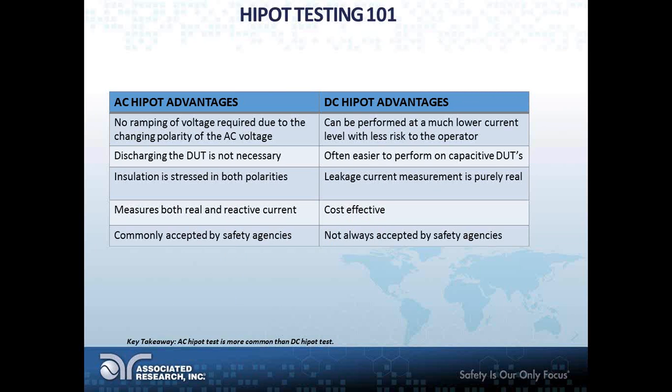Well, due to the very nature of AC current and AC voltage, we don't require to ramp up the voltage, due to the changing polarity of the AC voltage. Also, if an AC Hipot test is performed on a device under test, discharging is not necessary.